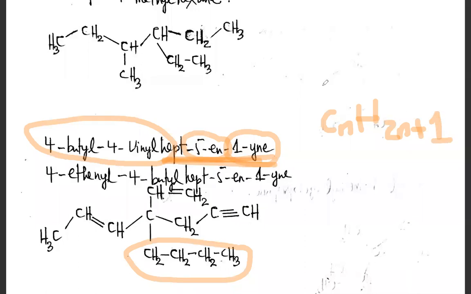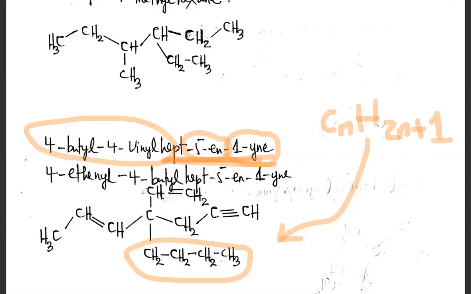When you replace, the number of hydrogen atoms is supposed to sum up with what you have here for the substituent. So butyl is a chain that has 4 carbon atoms and 1 hydrogen atom less. So this is our butyl.